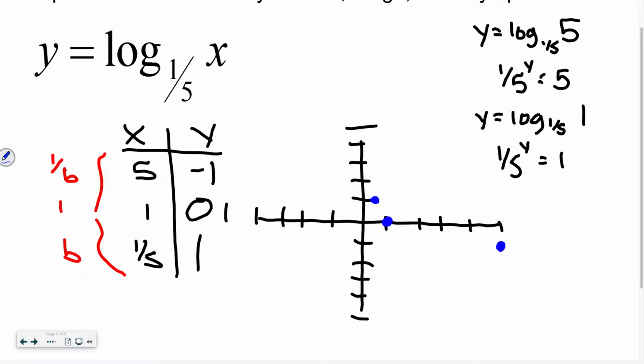Where's your asymptote going to be? Should still be at the y-axis, because we still can't do logs of 0, and we still can't do logs of negatives. So x equals 0, sure thing. I'm going to draw in my asymptote.